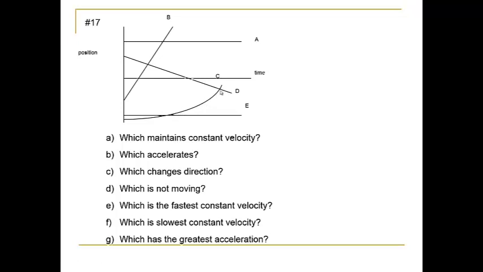When you're looking at which one changes direction, that would be none. In order to change direction, you have to have that mountaintop, like the last ones did, where you were going in the positive direction, then you turned around and went in the negative direction. If you look at B, B is starting below the x-axis, so this means that it's starting in the south region. It's going towards the x-axis, so it's heading north.